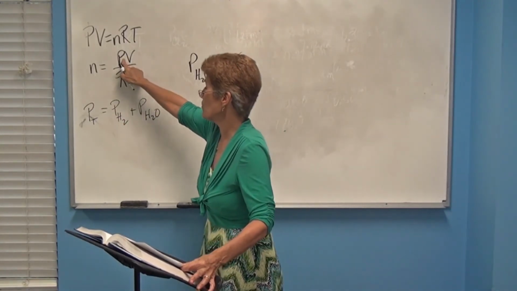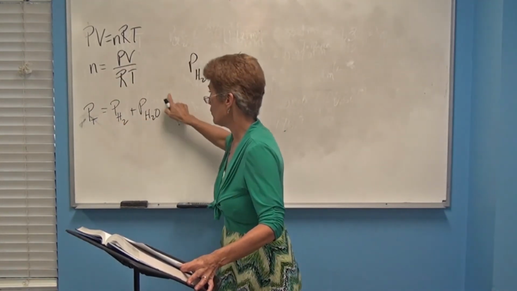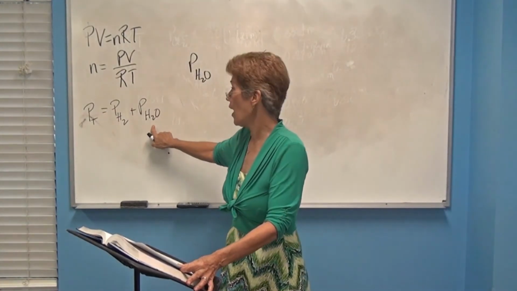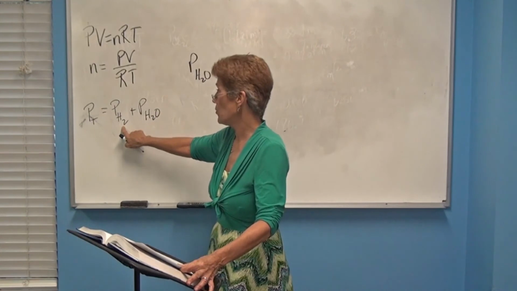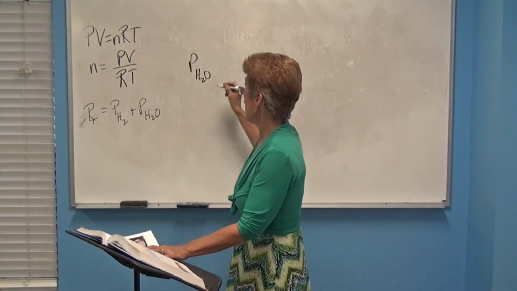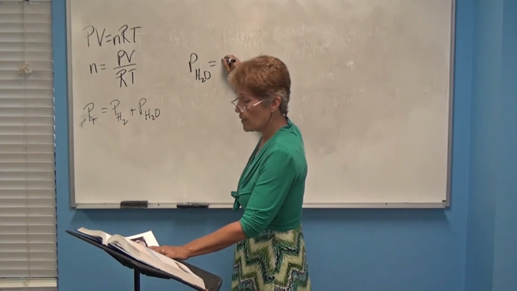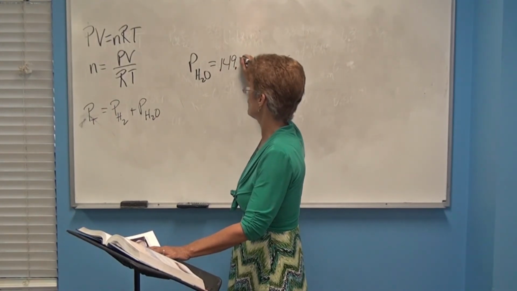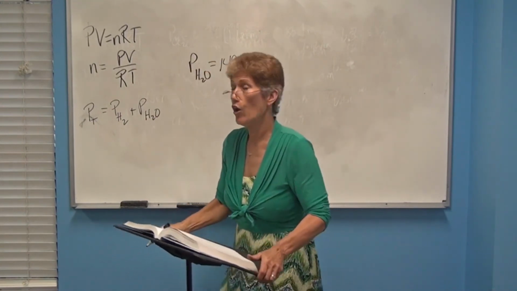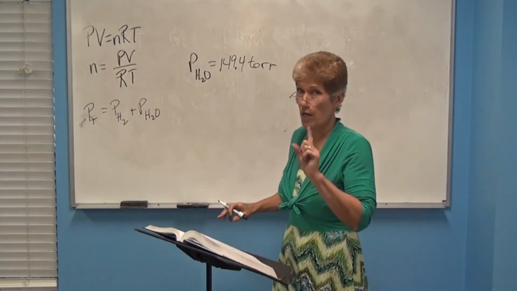Because we can't just stick this pressure in here. That would be the total pressure, and it would include the water, and we don't need that. We are being asked for the hydrogen, so we have to find this partial pressure. So we go over to the chart, we look at 60 degrees, and the partial pressure of water at 60 degrees is 149.4 torr. But you and I both know that R is given in atmospheres, not torr.